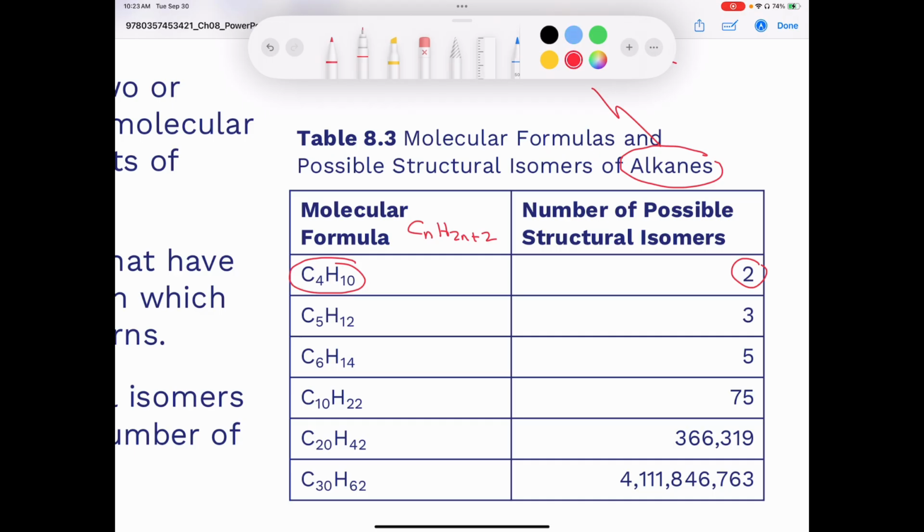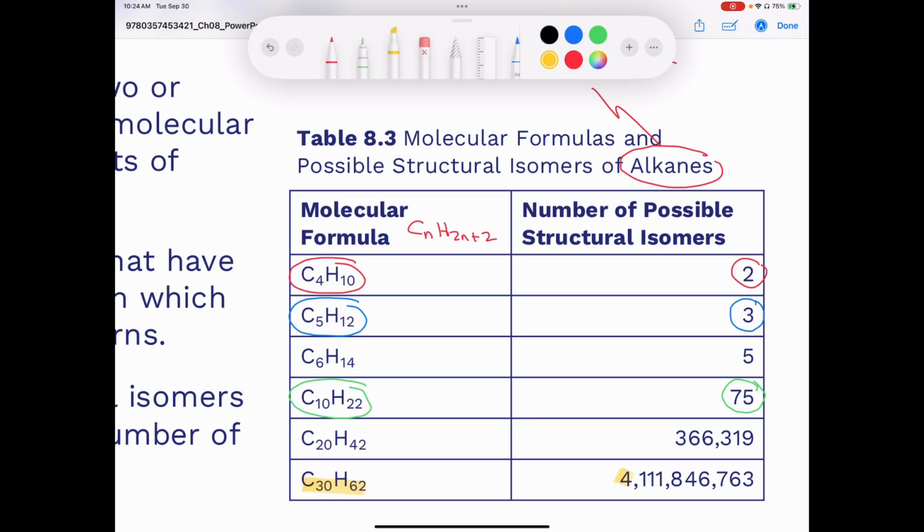If you move up to 5 carbons, again this follows the formula CnH2n+2. 2 times 5 is 10, plus 2 is 12. There are three different ways, but you can see how it increases dramatically once you get up to 10 carbons. 10 times 2 is 20, plus 2 is 22. We have 75 different isomers, and then it really just goes off the rails. You get up to 30 carbons, you can have over 4 million different isomers.